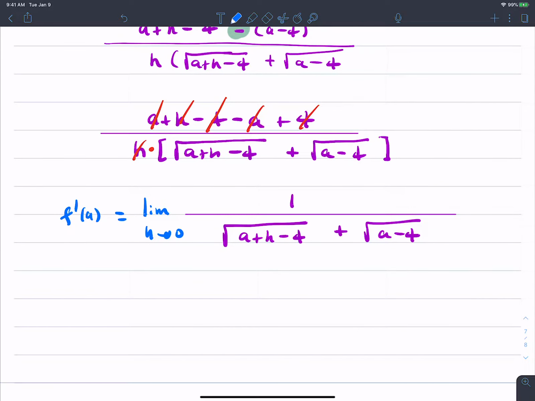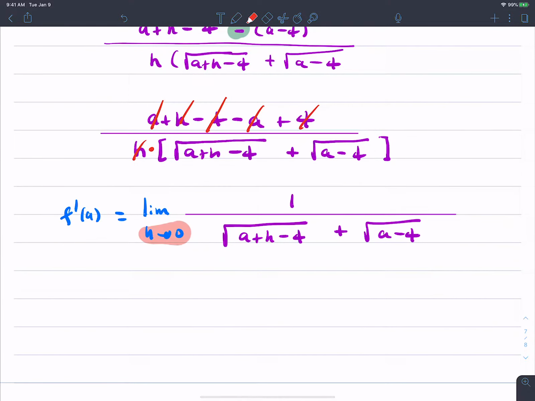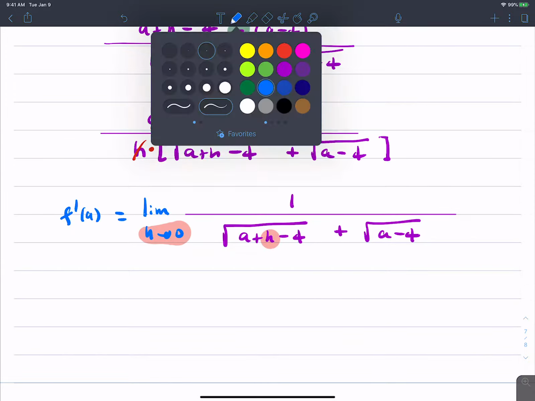Anyway, apply the limit. H is 0. Plug in the 0.